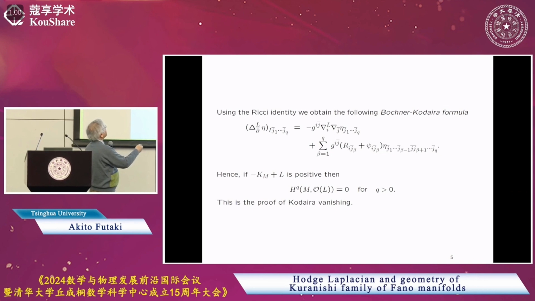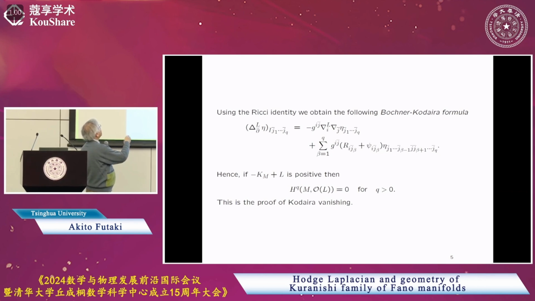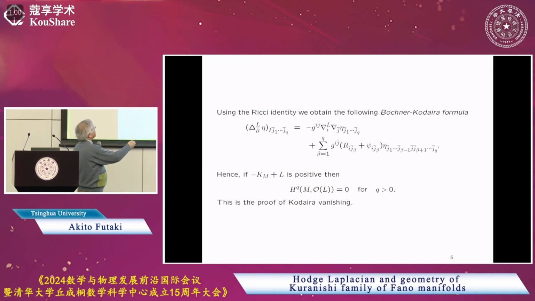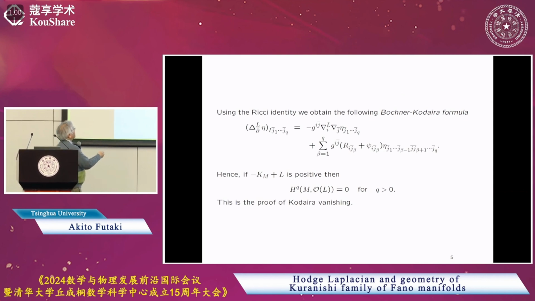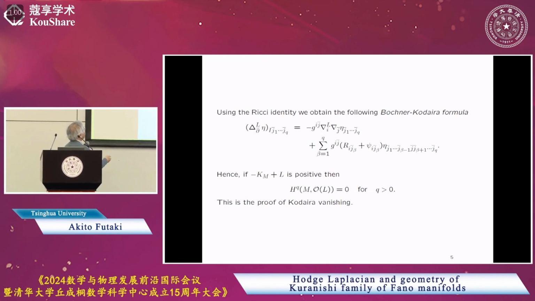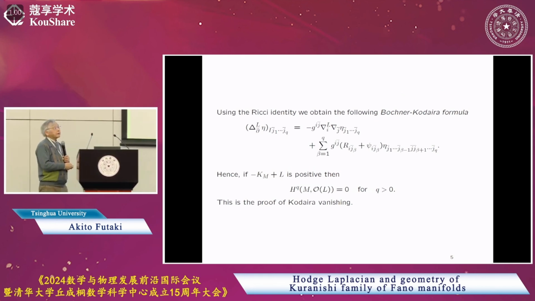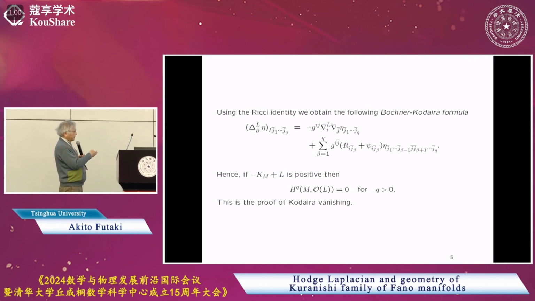So taking the L2 inner product with eta, if this is positive, then we get this vanishing. It means minus K_M, the anti-canonical line bundle, plus L is positive, for q positive. And this is the well-known proof of Kodaira vanishing.